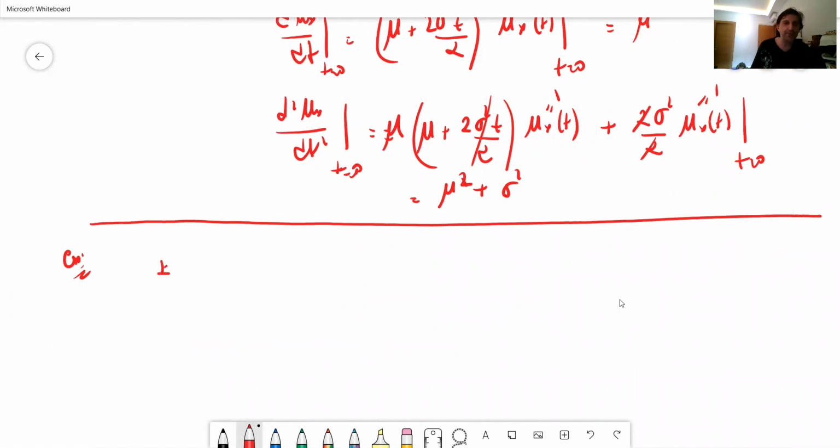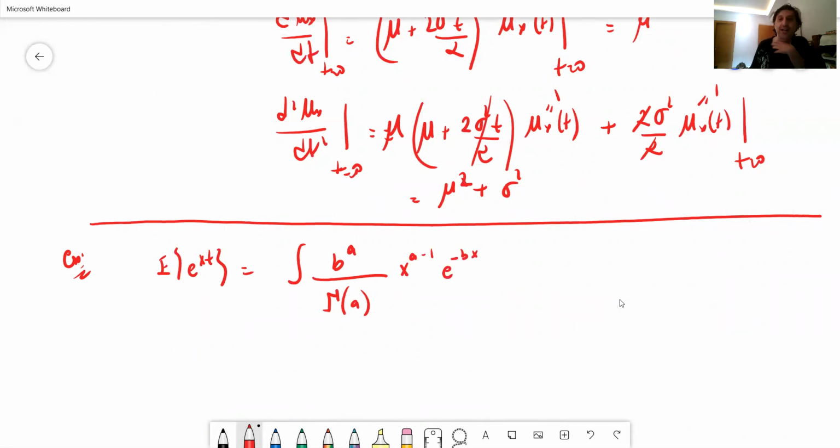Now for the gamma distribution, the expected value of e to the xt is going to be equal to, for the gamma distribution, we are going to have here, call it a, and this b to the power a, and we are going to have x to the power a minus 1 and exponential minus bx.